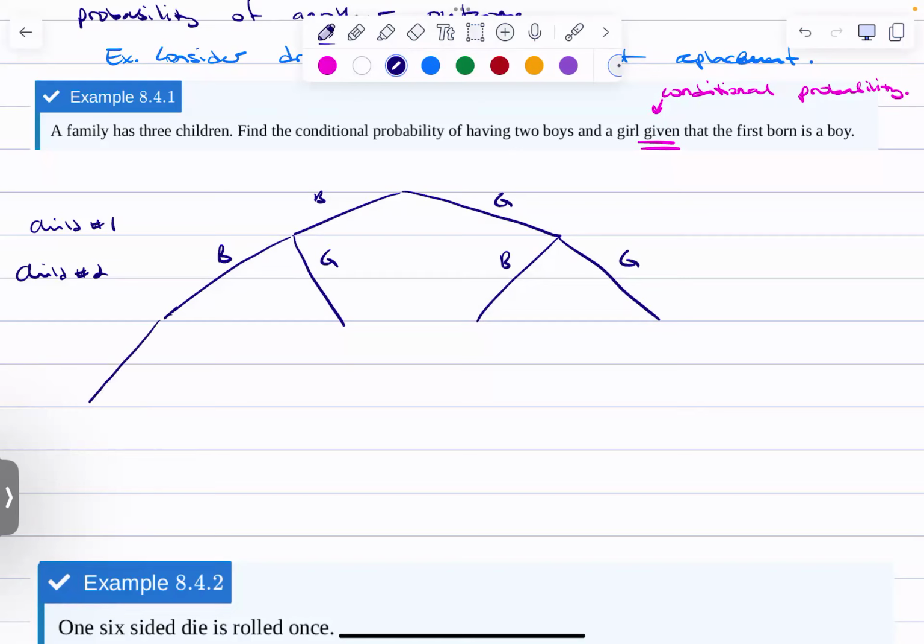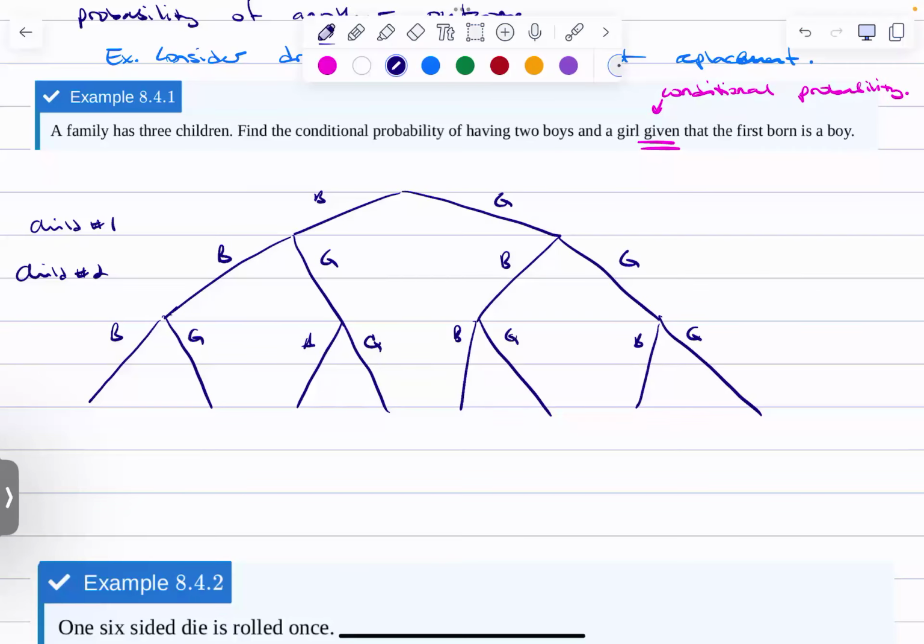And then for child number 3, boy, girl, boy, girl. Boy, girl, boy, girl.